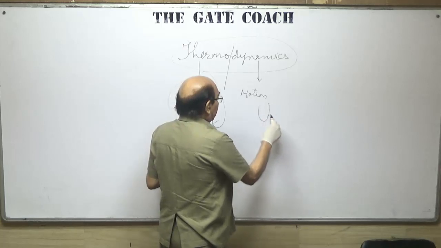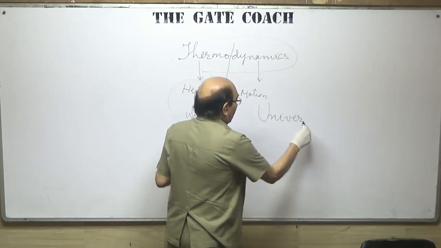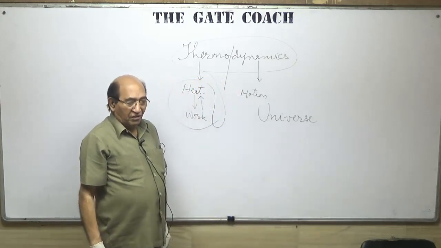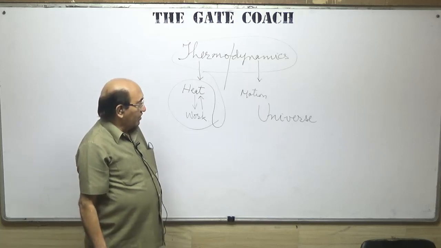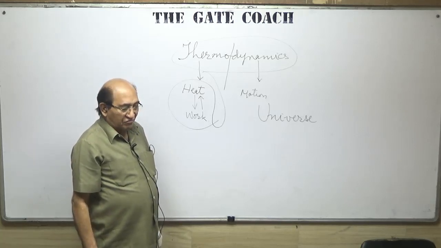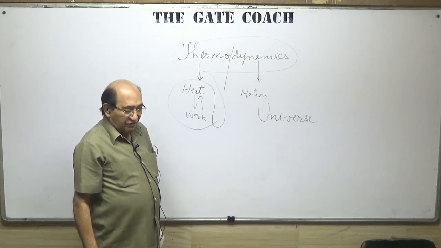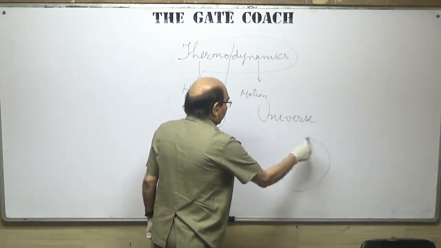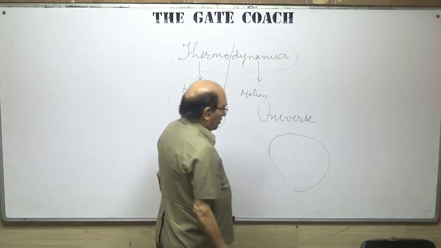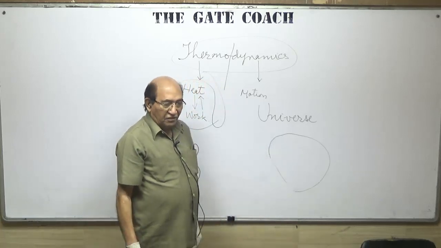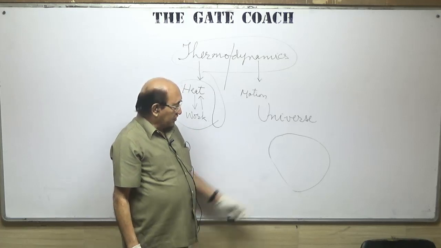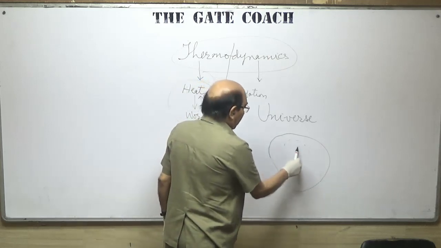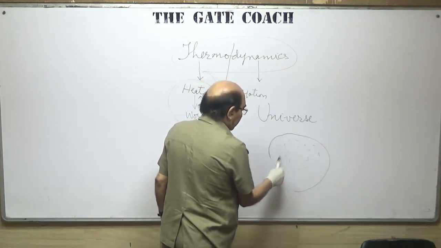Available to us is the universe, the so-called Brahmand. In this Brahmand, in this universe, we have to select the topics of our interest. For example, let this be any region in the space which is occupying some volume and has got some mass of the working substance.